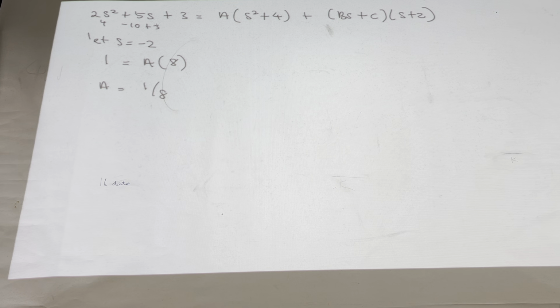Oh, correct. 4 minus 10, 8, 11 minus 10. Okay, A is 1 over 8.